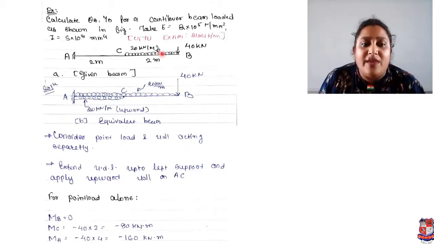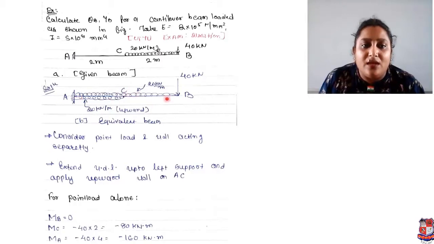So how will we make it an equivalent beam? You can see what I did here. I have considered the whole UDL over here. Now I have to make it equivalent, so I have provided another UDL below here. You can see here in the data we have UDL only in that half portion from the free end, but to make it equivalent I have provided UDL in the entire span.